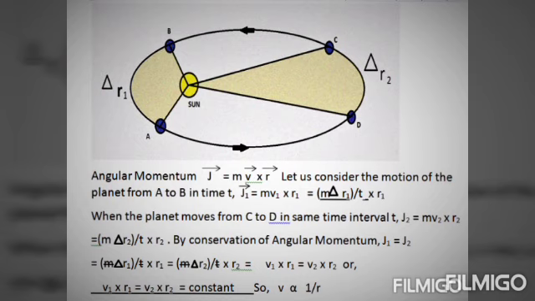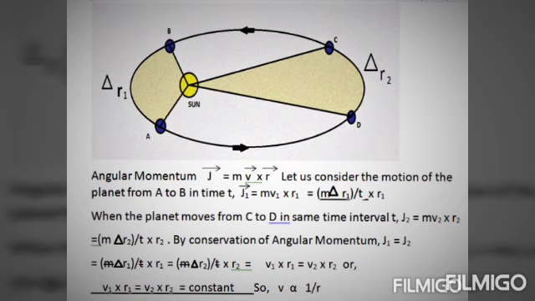So the initial angular momentum J1 will be m v1 cross r1, which is m into delta r1 by t cross r1, breaking the velocity equal to delta r1 by t.